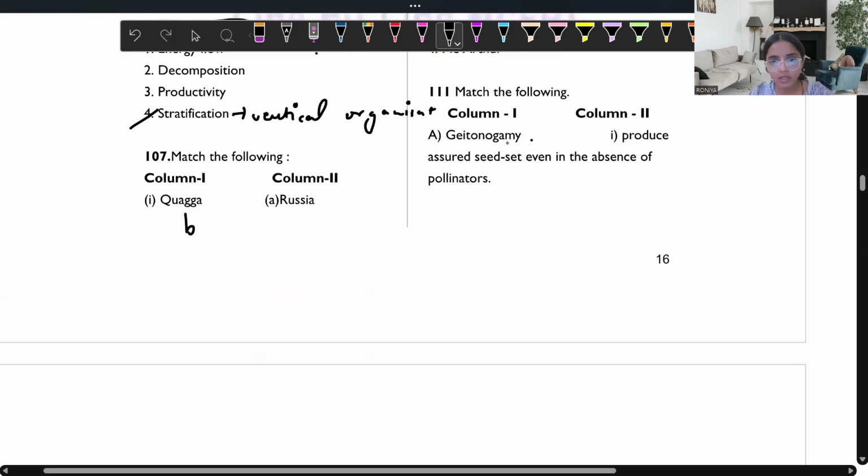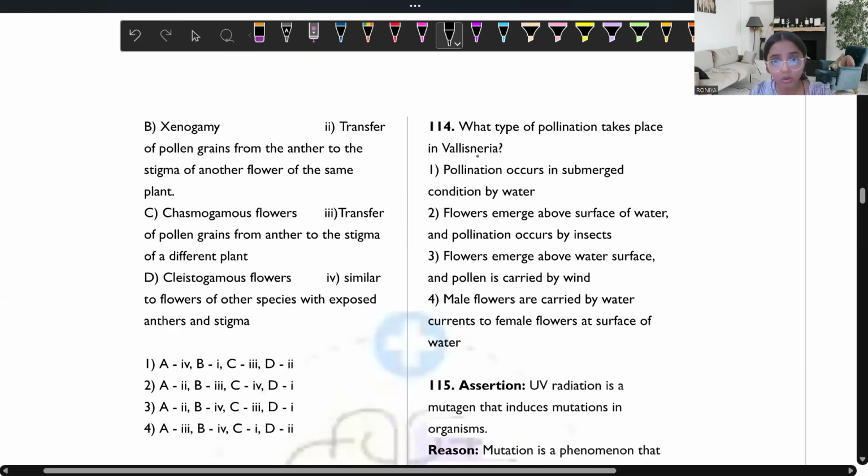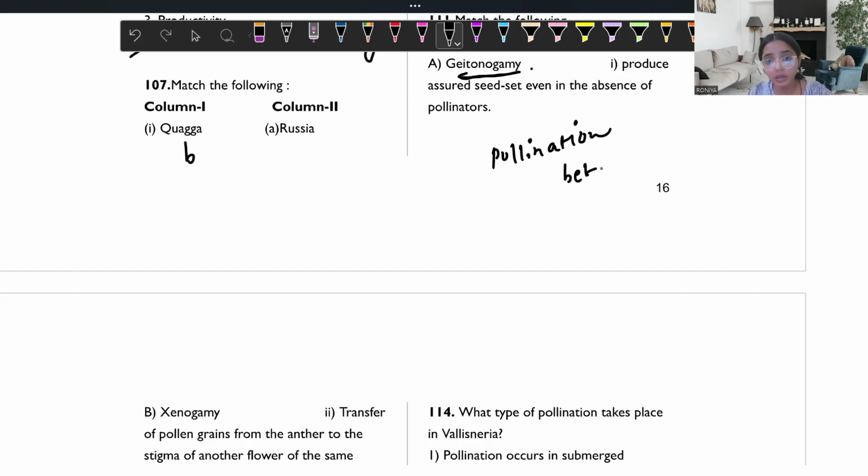So see, first we will see, to solve these kinds of questions, there's only one technique. You see one option, geitonogamy. What is geitonogamy? Geitonogamy refers to pollination between different flowers of the same plant, isn't it?